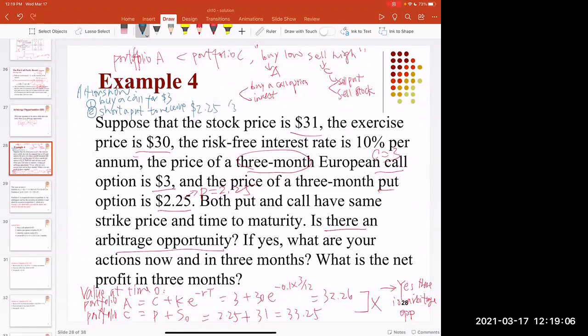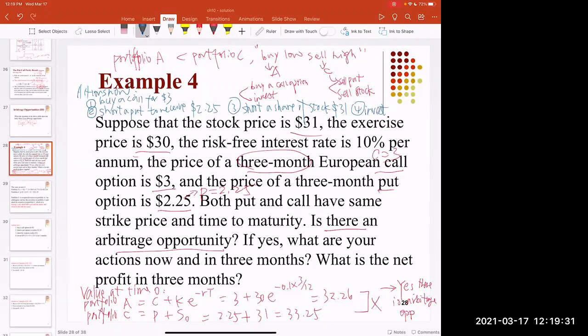And also, you're gonna short sell a share of stock, right? How much are you gonna receive? 31, right? Stock price is 31. So finally we can see how much you're gonna invest. The difference between the money you receive and the money you pay.